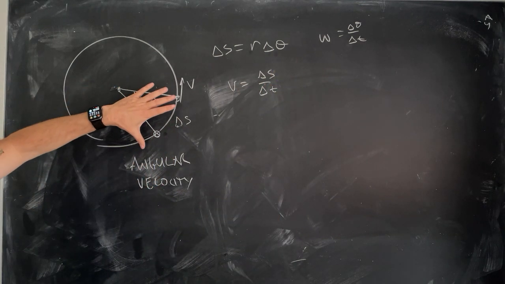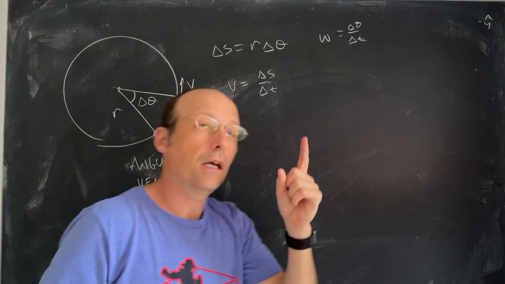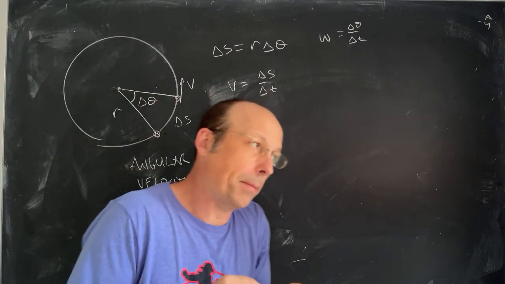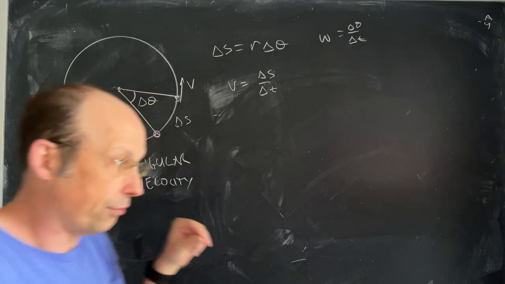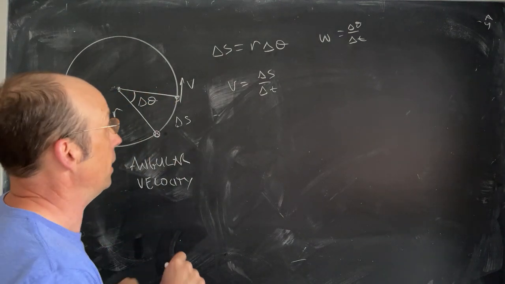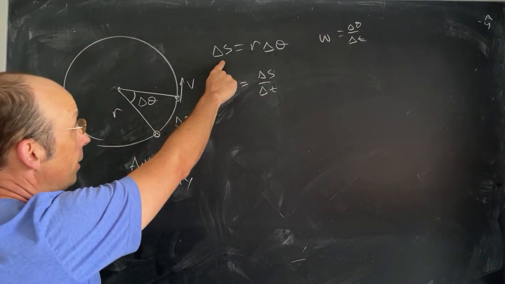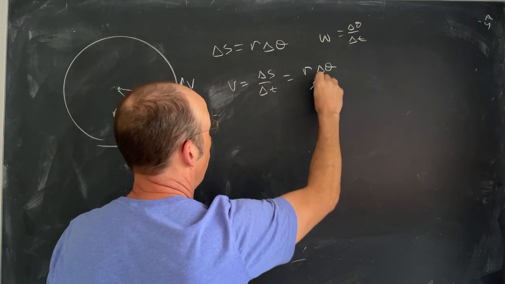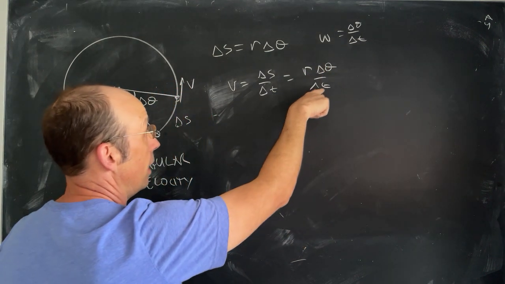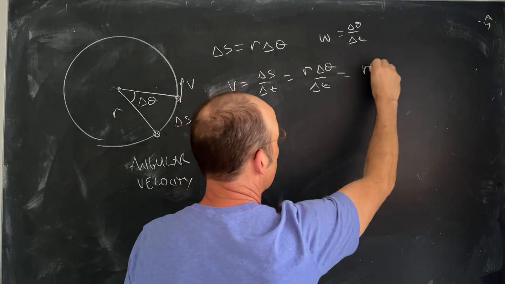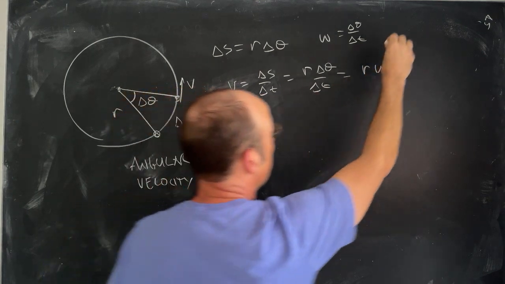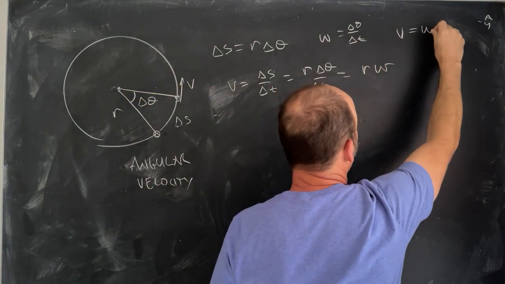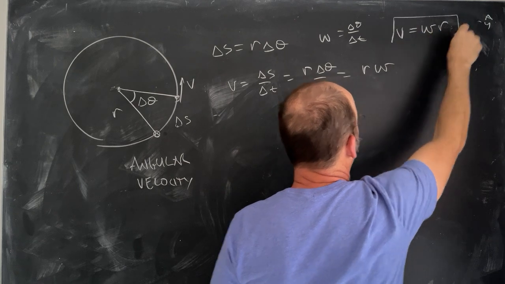Right? That's how we define velocity. This is not the vector velocity, because we're talking about the direction of the path around the circle, which does change direction. So it's kind of like a speed. So I can put in r delta theta for delta s, and I get r delta theta over delta t. And then delta theta over delta t is omega. So this is r omega. So that's a pretty important relationship: v equals omega times r.